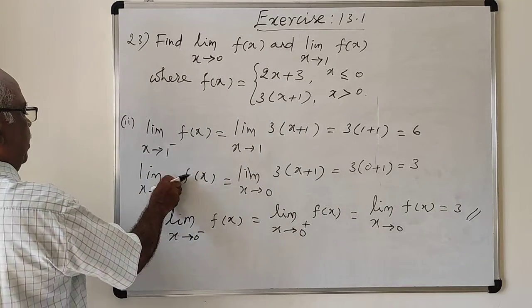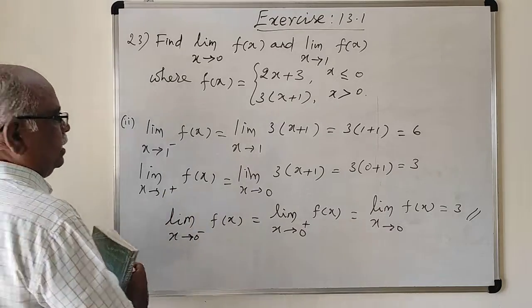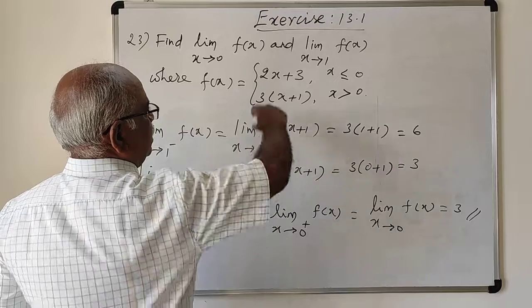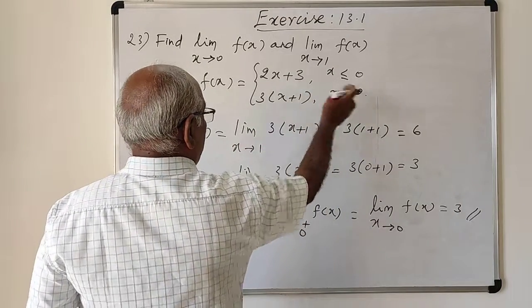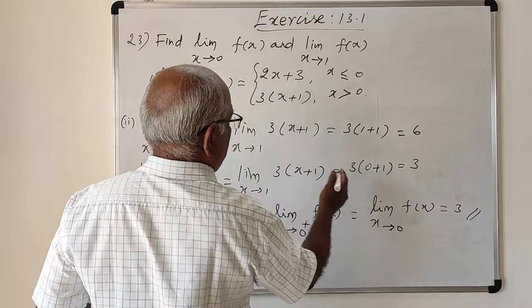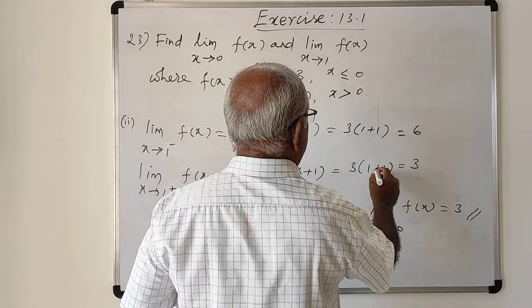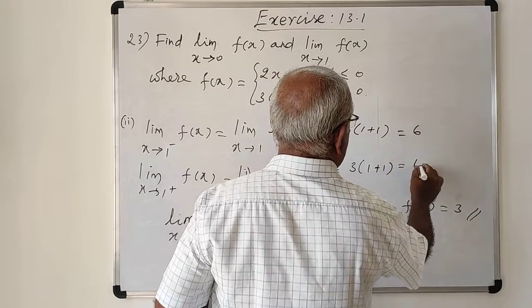Similarly, the right hand limit: limit x tends to 1 plus of f of x. 1 plus is greater than 1, so again 3 into x plus 1, and applying x equal to 1, 3 into 1 plus 1, 3 into 2, 6.